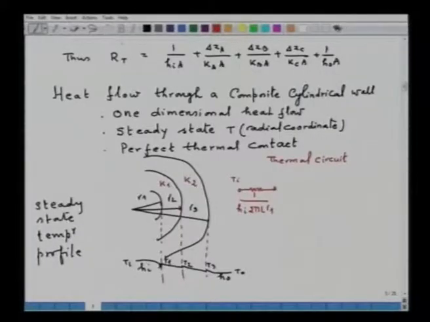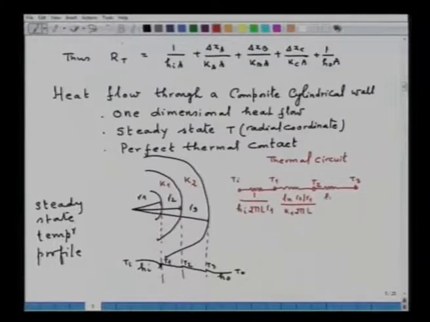Now, because of the resistance, temperature has come to value T1, then it meets the walls of different thickness. So, here I have got temperature T2 and the resistance is ln R2 upon R1 divided by K1 2 pi L. Now, because of the third wall, I got here the temperature T3.